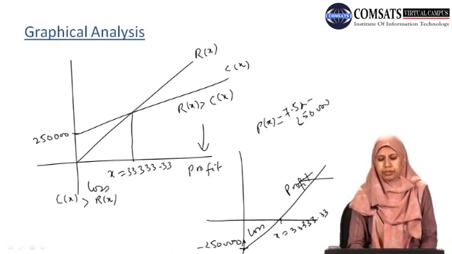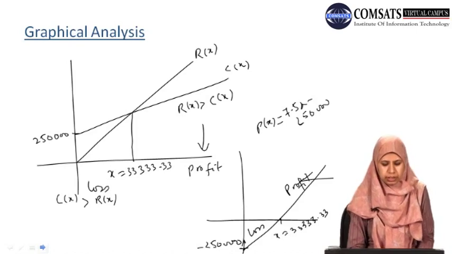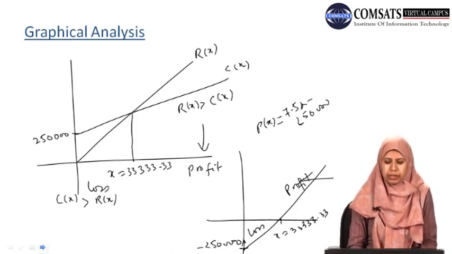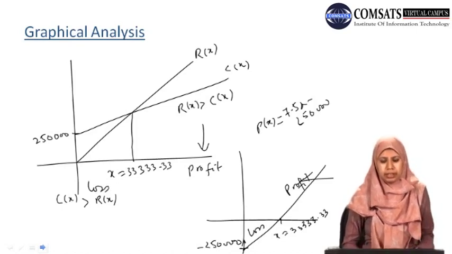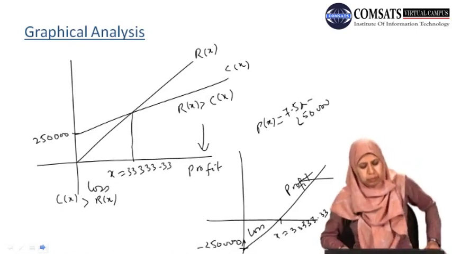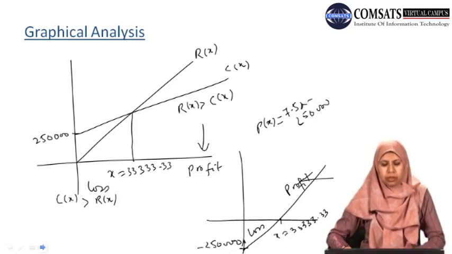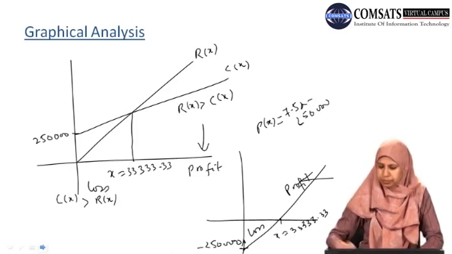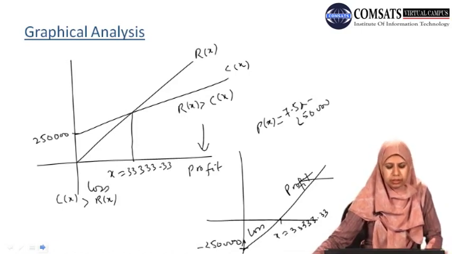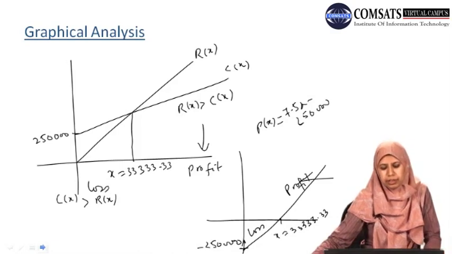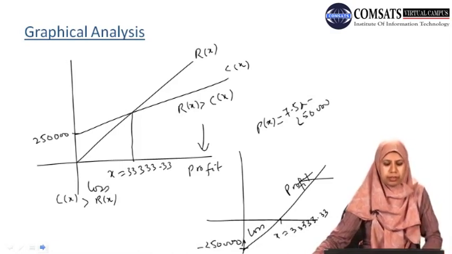In the case of revenue function and cost function, the break-even point is the point where both the graphs intersect, that is the common point of both of the graphs. And before the break-even point, the firm will have loss, and after the break-even point, the firm will have profit.